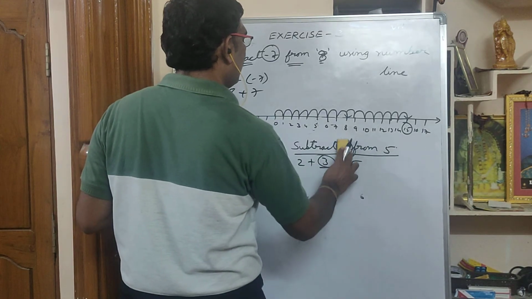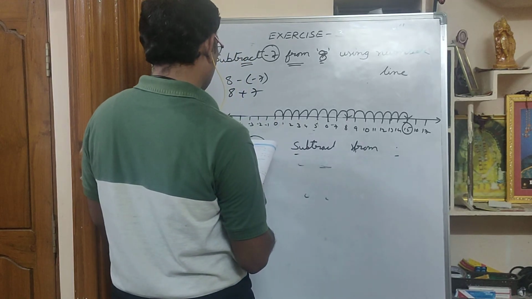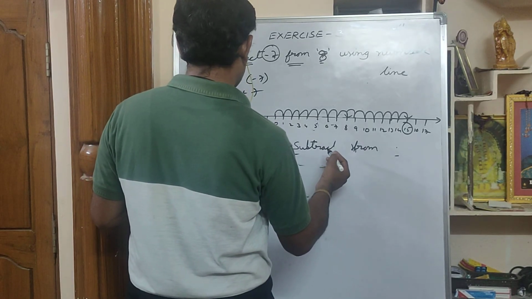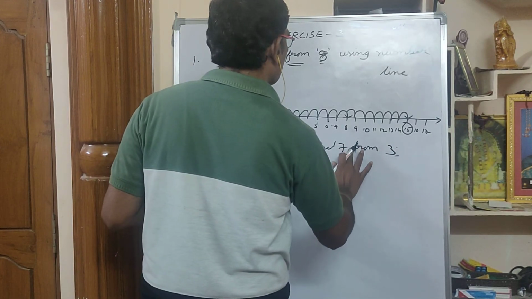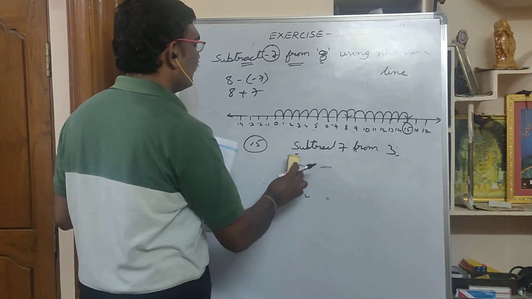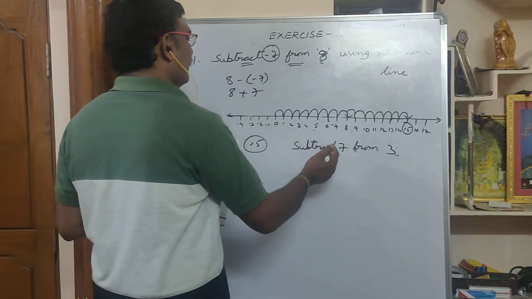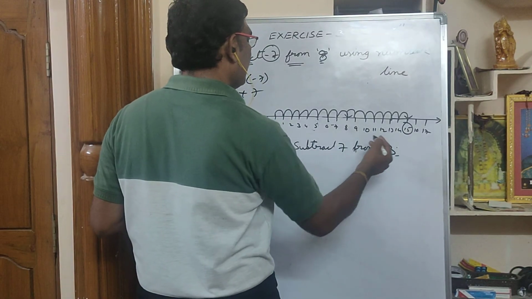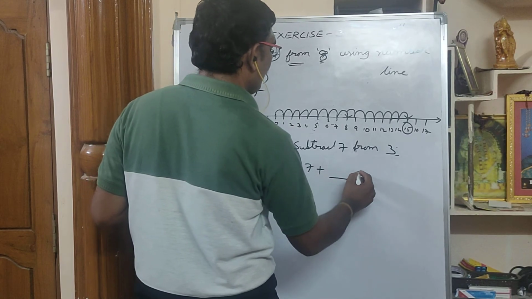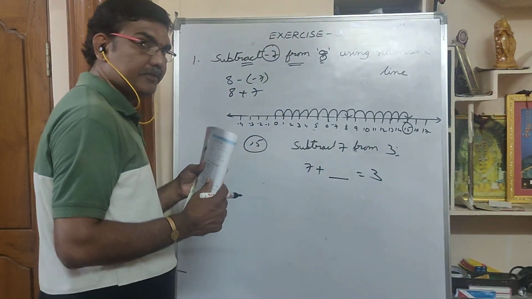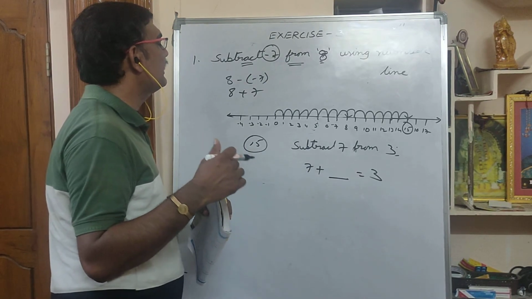So one more example is subtract 7 from 3. What I said here? Subtract 7 from 3 is nothing but, for 7, how much you have to add to get 3?